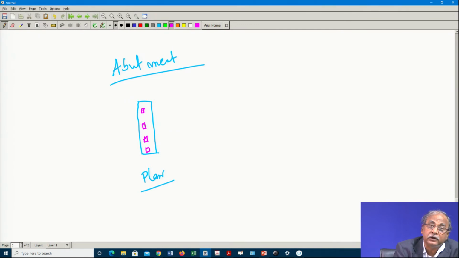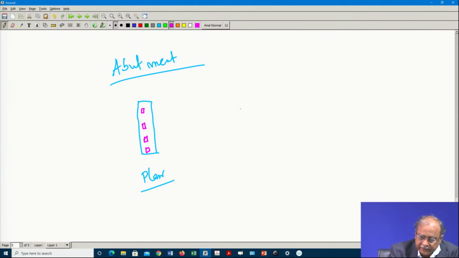So, whatever load comes from the superstructure, that load and the self weight of the abutment will give you the load on the column. Almost you can take that as a column, and on that basis you can find out how much load is coming. You can take 1 meter width, or you can take the full width.